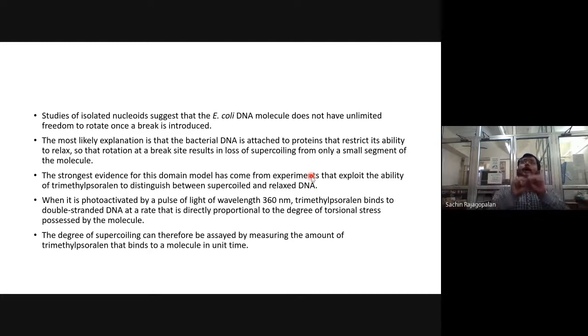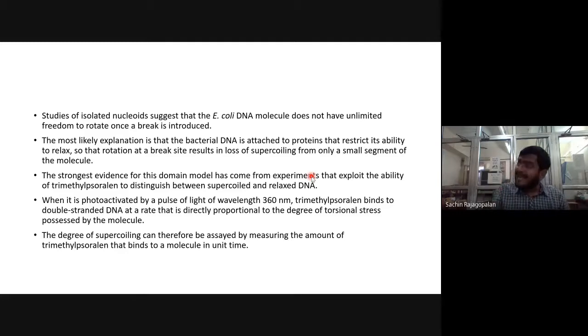And it is going to bind to the DNA where there is supercoiling. तो यानी जितना trimethylpsoralen DNA को bind होगा, उतना तुम्हारा वहां पर torsional stress है, उतना supercoiling है, ये वो बता रहे हैं. So तुम degree of supercoiling measure कर सकते हो by checking how much trimethylpsoralen binds to your DNA. Because it can bind to the DNA only if there is supercoiling. If there is no supercoiling, it will not bind.